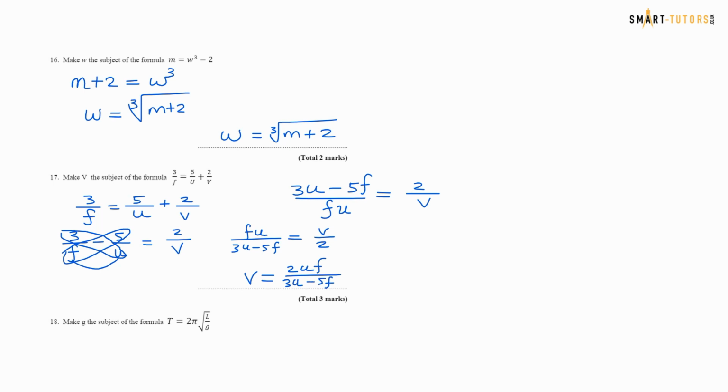Question number 18, make g the subject of the formula, so t equal 2 pi square root of L over g.